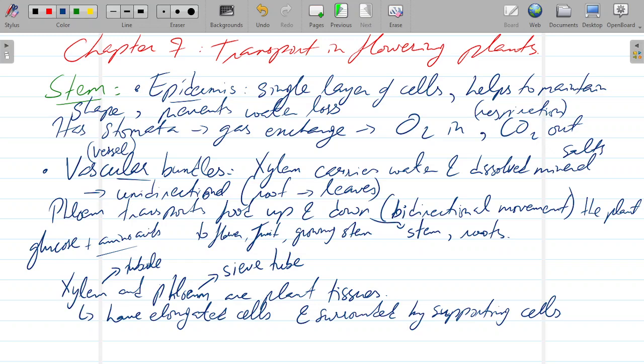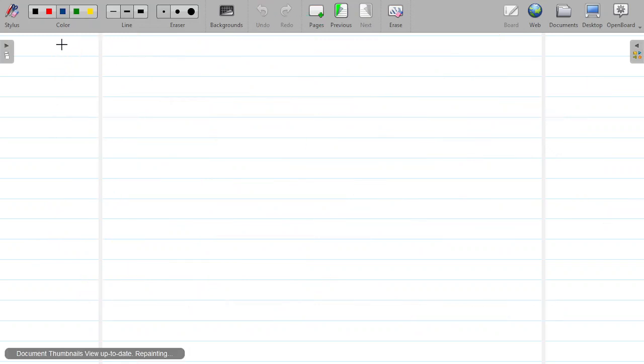So now focusing on the xylem a bit, the structure of the xylem. As we mentioned, they're elongated cells, but the cells are dead, so they don't have any cell content.